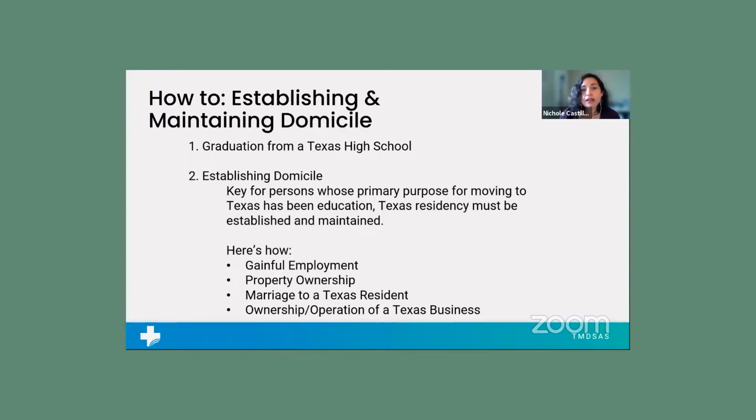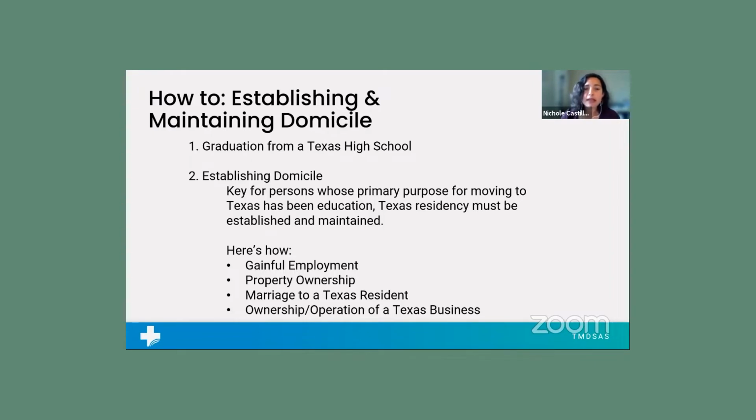So at its core, it's that Texas high school graduation, but there are a few things to keep in mind about that. For a person who didn't graduate from a Texas high school, they will then need to establish domicile some other way. This is key for persons whose primary purpose for moving to the state has been education. And so if that is the case, then they'll need to show that they have established residency some other way. And here's how they can do that.